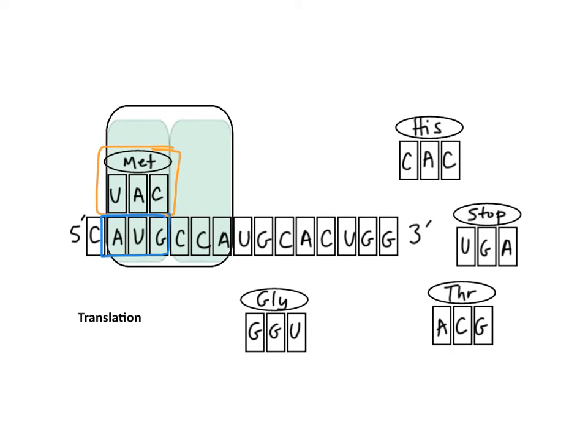So the start codon had A, U, G, and the transfer RNA that came in has U, A, C. So they're opposite. And you'll see sometimes this is written if the mRNA has the codon, which we just talked about, the tRNA bases are called the anticodon because they are the opposite of the codon.